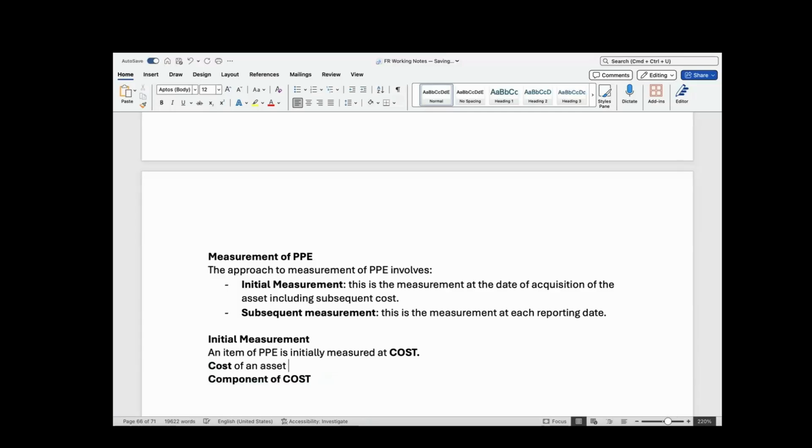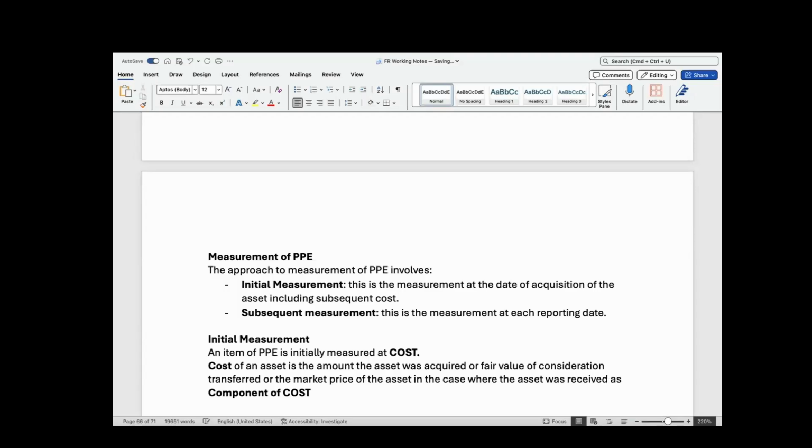Cost of an asset is the purchase consideration, or let me use very simple language, is the amount the asset was acquired for, or fair value of consideration transferred, or the market price of the asset in the case where the asset was received as a gift.